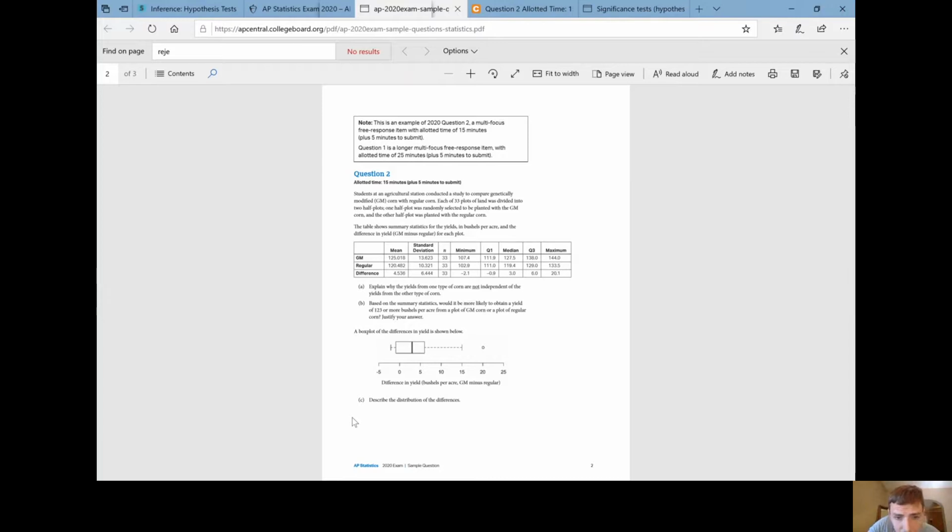Since there are some values less than 0, that means there are going to be some instances of the regular being higher than the genetically modified. But if I look at the whole of this, isn't most of this data greater than 0? So I can assume that there are more results of genetically modified producing more than regular corn.